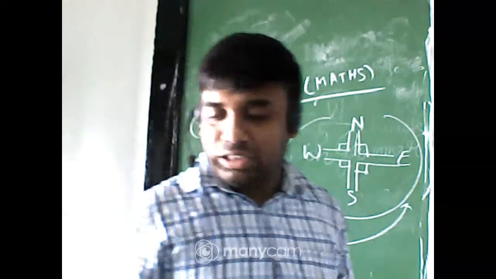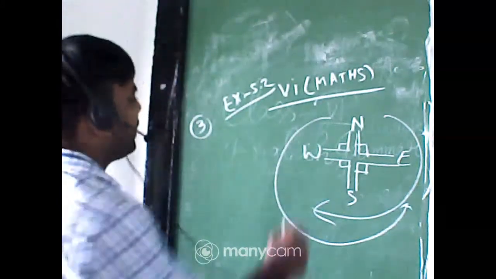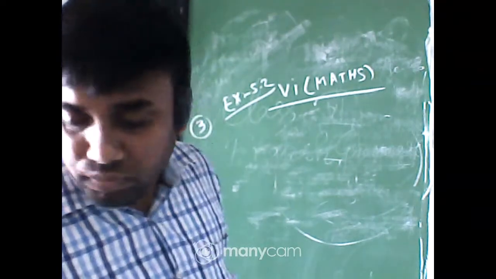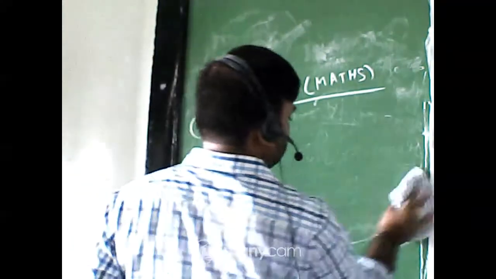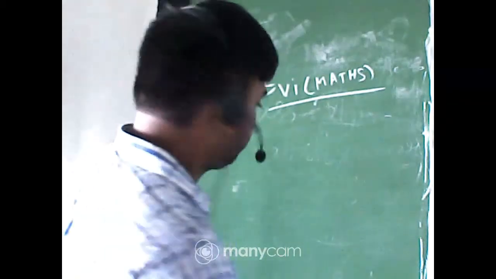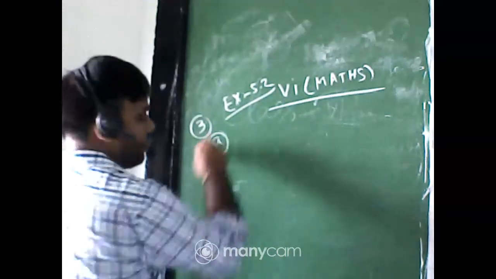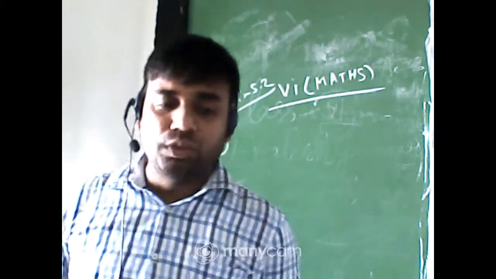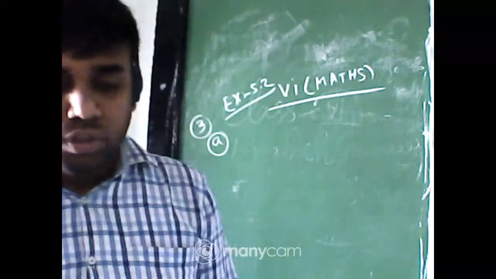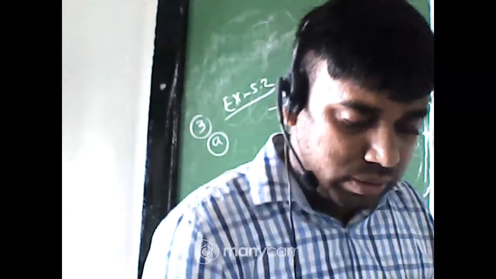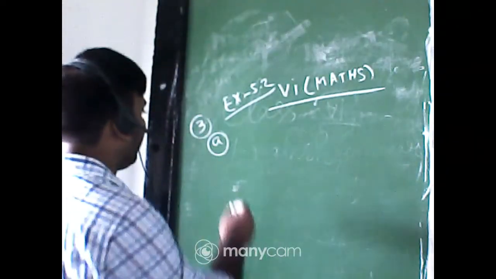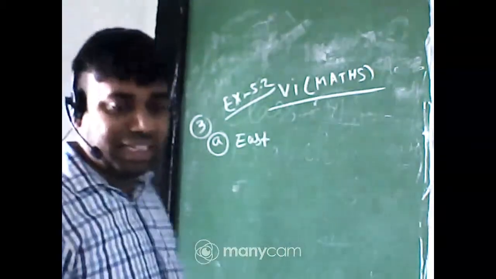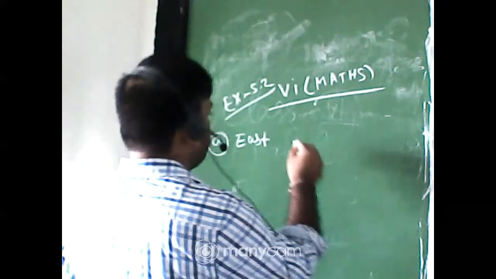Now in this question number 3, it is given: which direction will you face if you move, first of all part A, you are facing east and make 1/2 revolution.